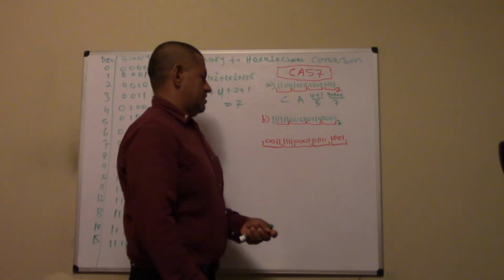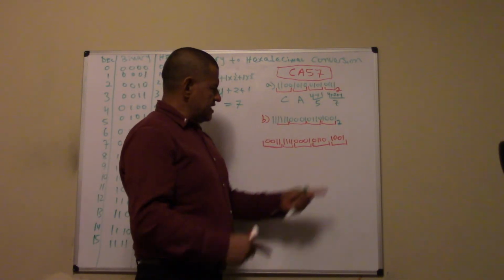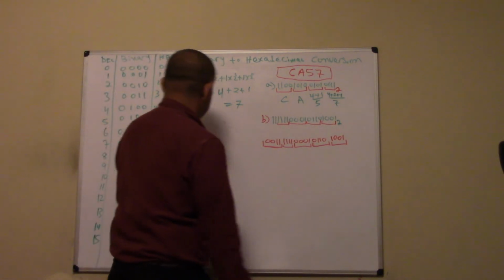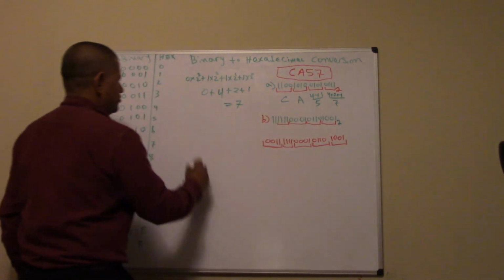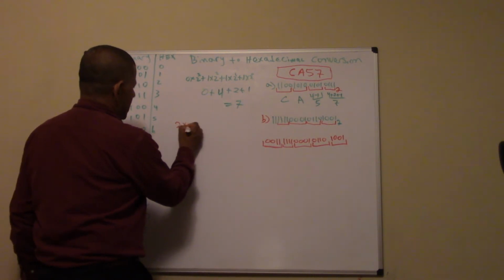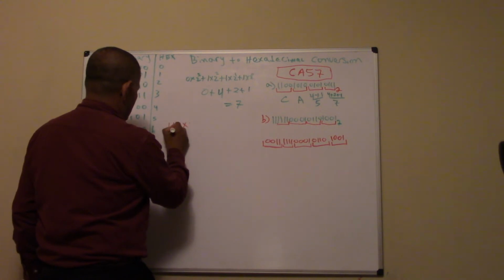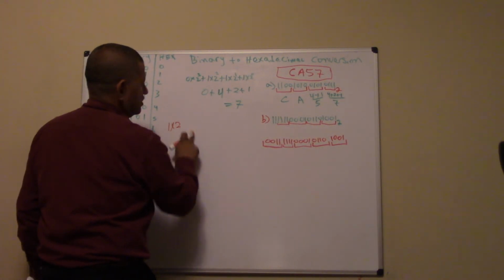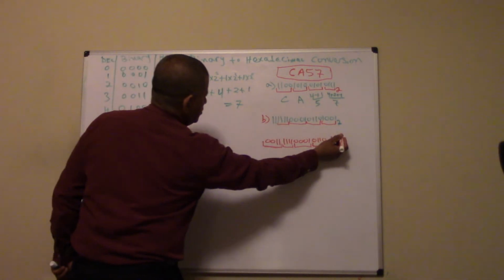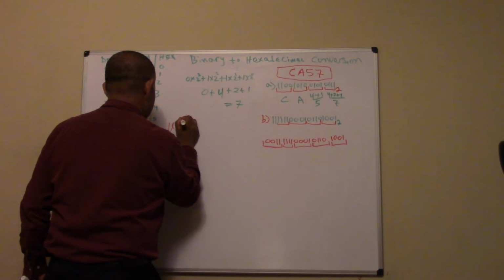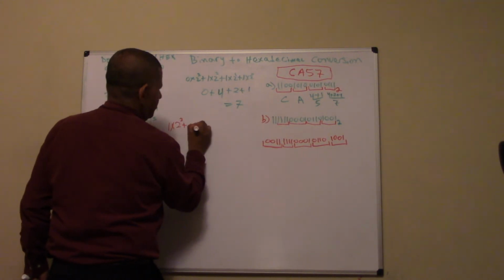So here, in this case, the first bit is going to be 1 times 2 to the power of 0, 1, 2, 3, power of 3 plus 0 plus zeros.